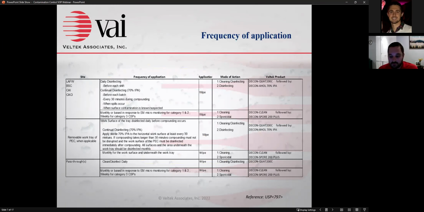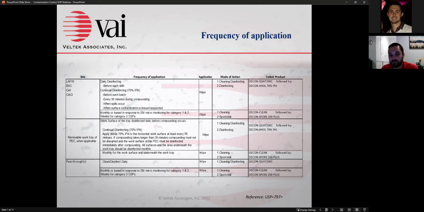So here we get into a little bit of frequency of application. This is a little bit newer, on the new revision of 797. The big thing to take away from this slide and this rotation schedule is they changed the categories of compounding from low, medium, and high risk to category 1, 2, and 3.